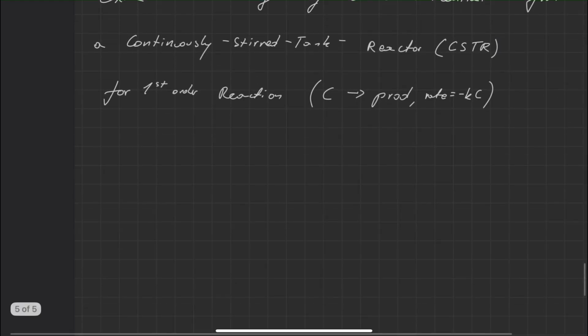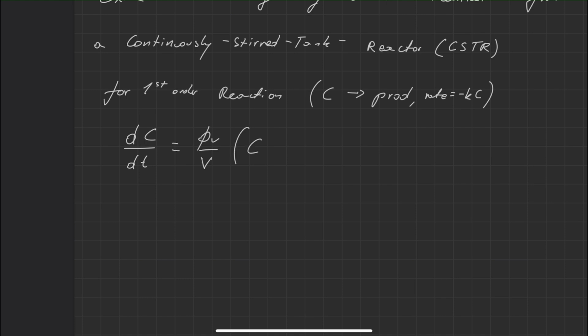The formula for that situation looks in the following way: dC/dt is equal to φV divided by V times (C in minus C), and this is all minus kC.